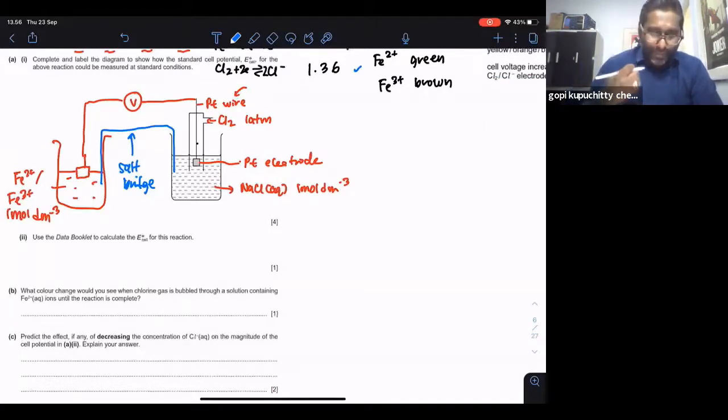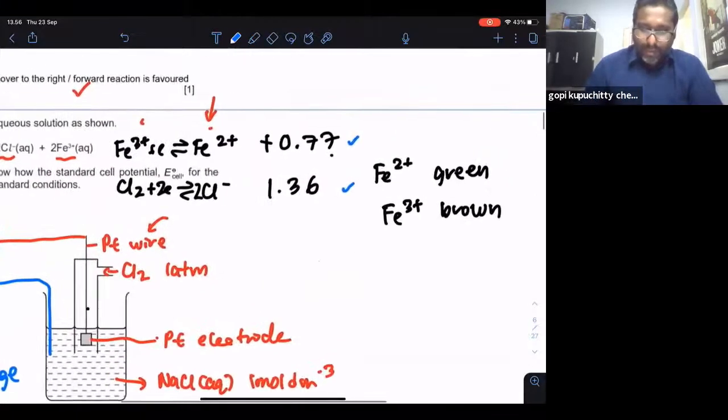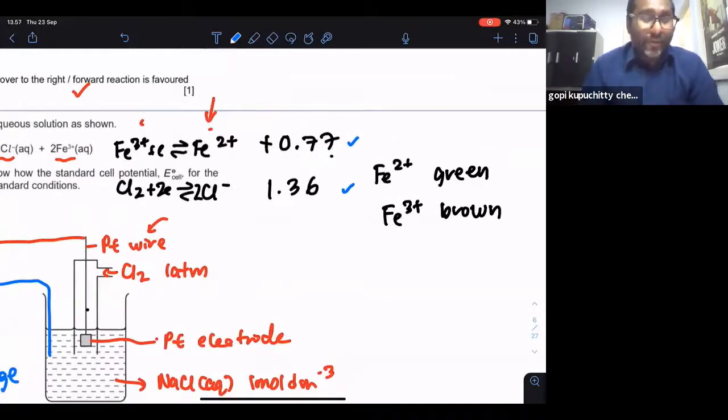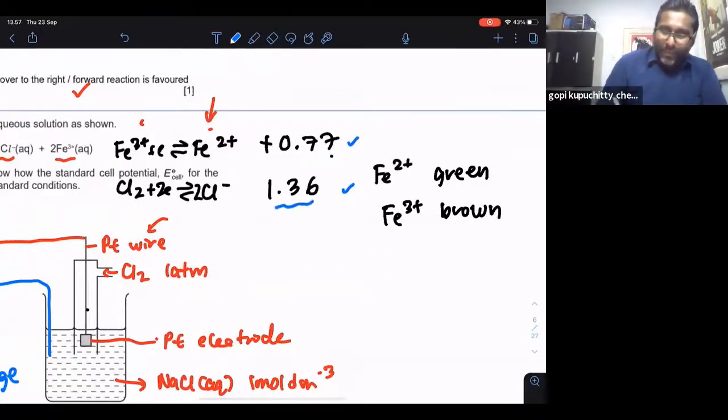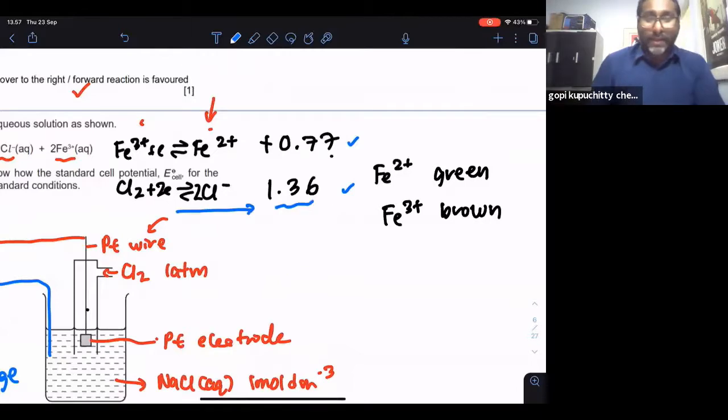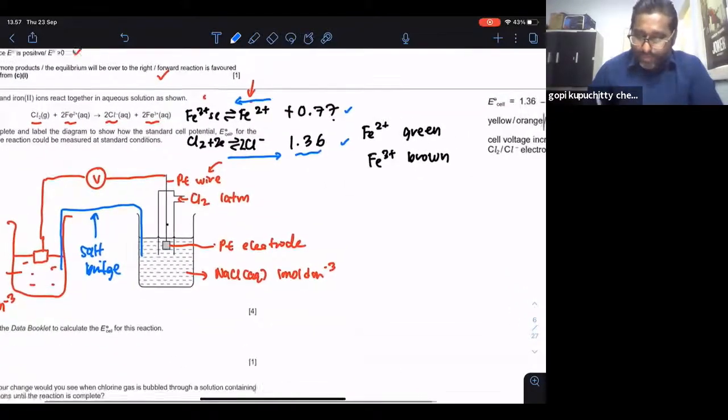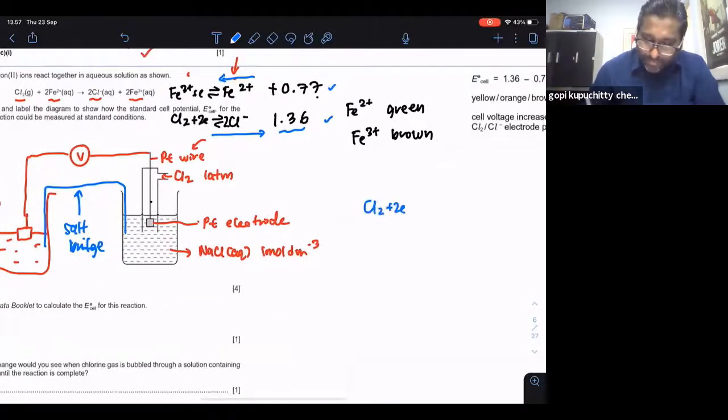Here, use the data booklet to calculate the E cell. To calculate this, you get all the values first and find out which one is going to be positive. I know this is positive, so this one will go to the right, and this one will go to the left. So I rearrange it. Cl2 plus 2 electrons gives you 2 Cl minus, which is 1.36.